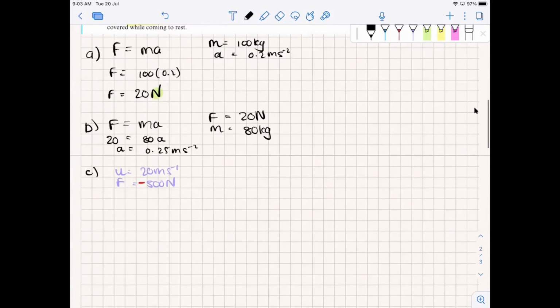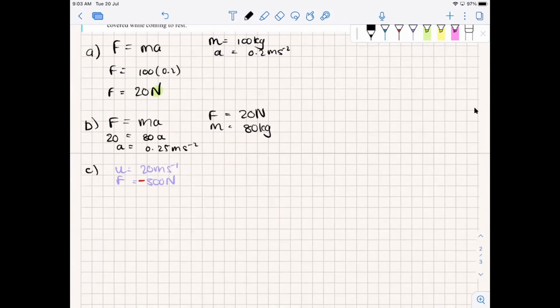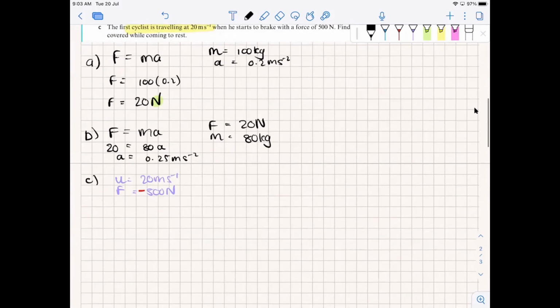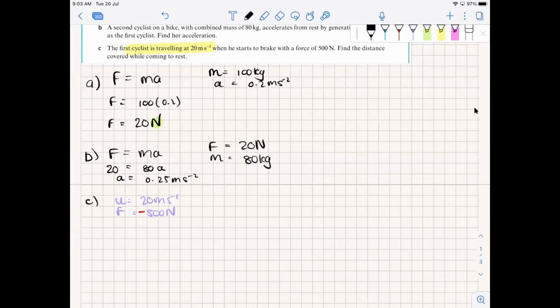Right, from here we can see we don't have enough information to work out distance traveled yet. We only have a constant velocity at the moment. We need to work out some kind of deceleration or acceleration, okay? Fortunately, we have a formula that we know now. Force is equal to mass times acceleration.